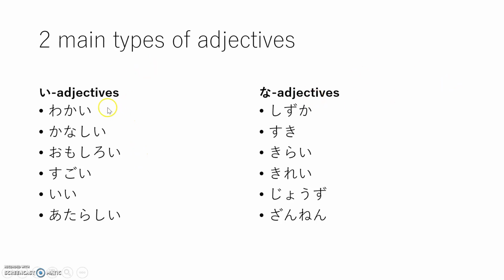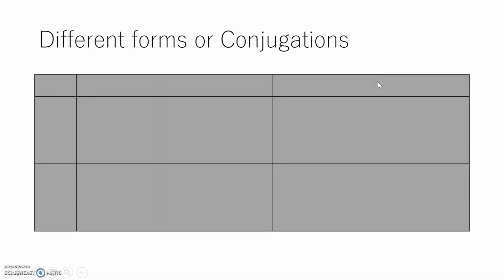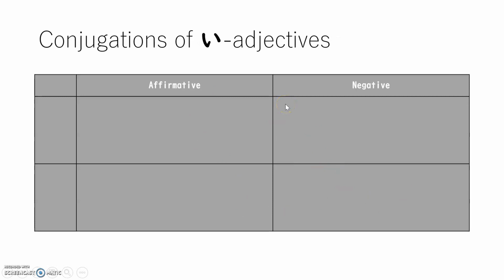And we're just going to learn a little bit more about how these two different types of adjectives work. When we're working with adjectives, particularly i-adjectives, we're going to want to create different forms, or do conjugations. That's a fancy grammar term that just means make different forms of a certain word. I'm going to use this box to help us out.